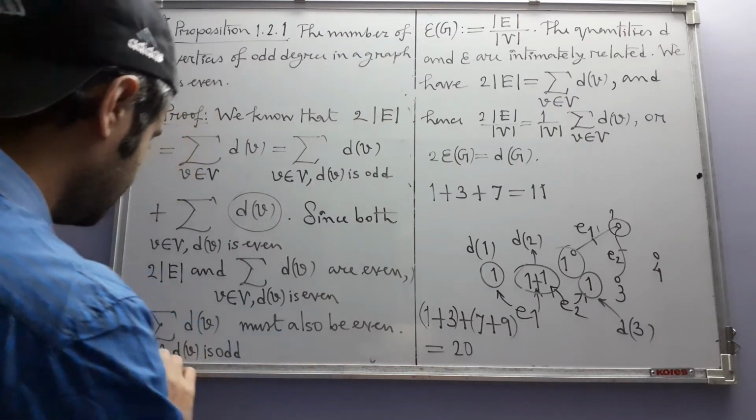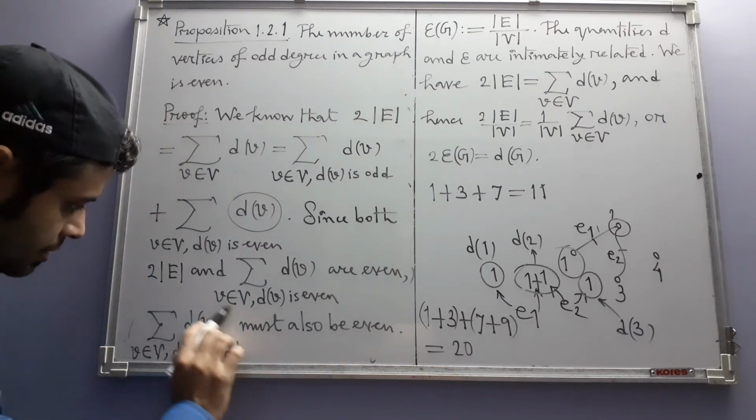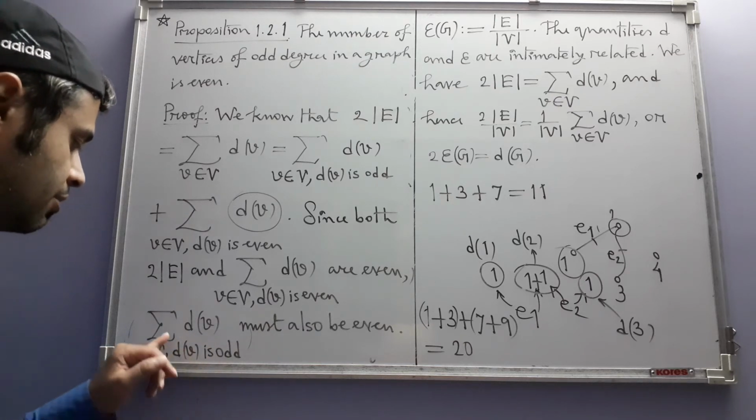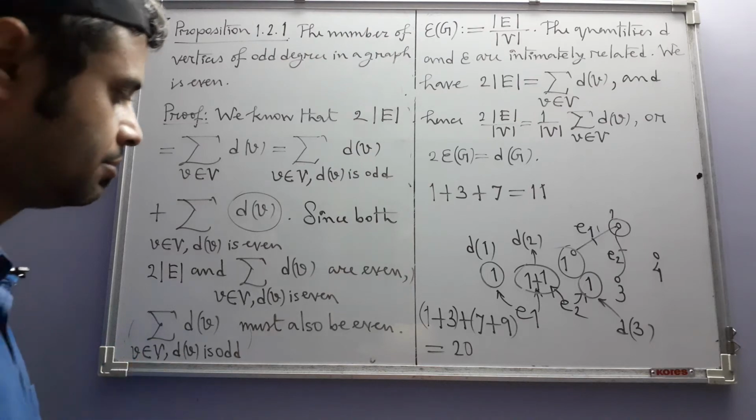So just like that, in order for this sum to be even, and since all the numbers are odd, the number of terms in this sum must be even.